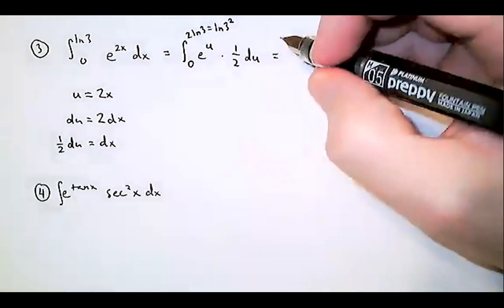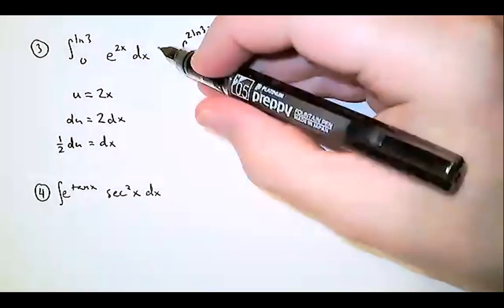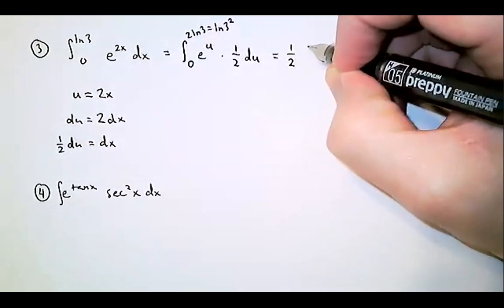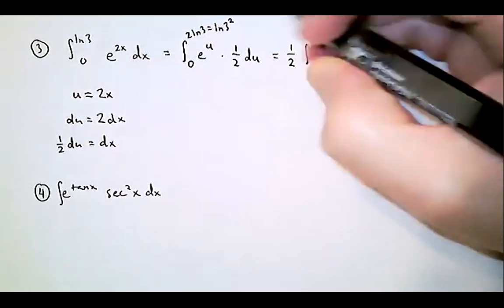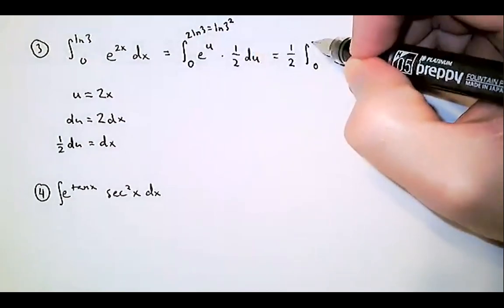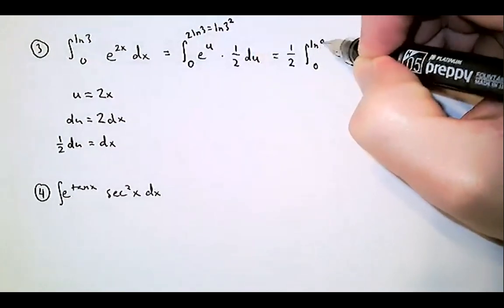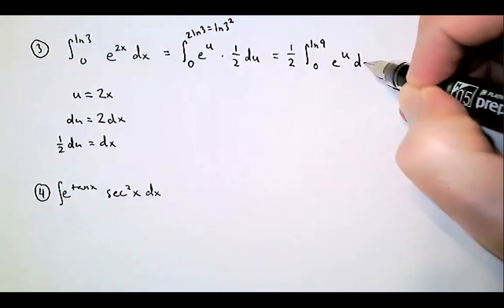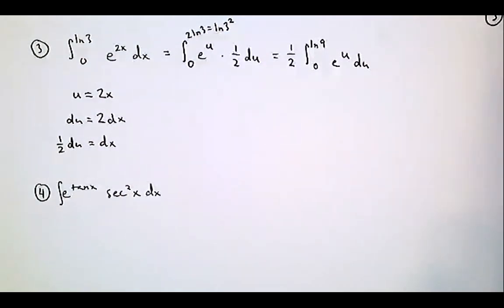Let's clean it up a little bit. Pull your 1/2 to the front. 3 squared is 9. And then e to the u du is left over.